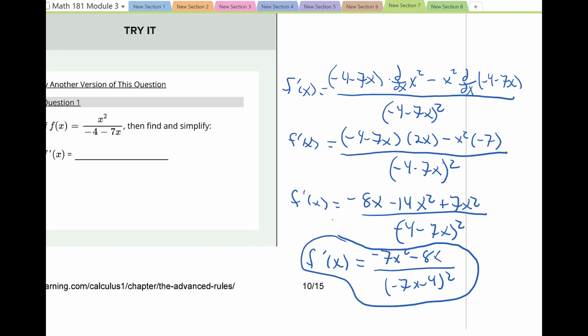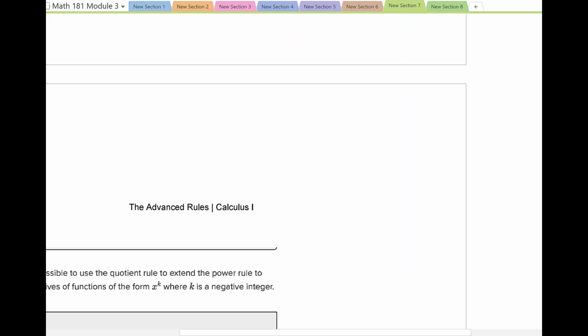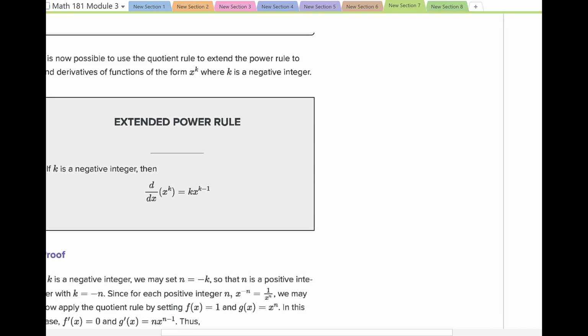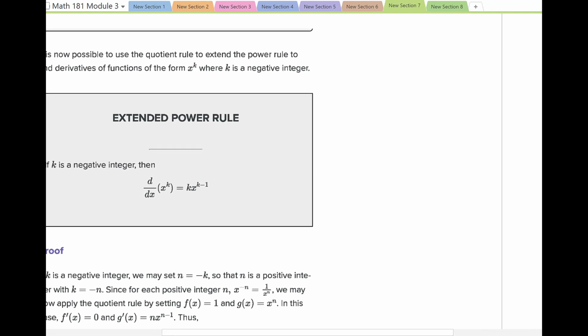Hope you enjoyed that because we've got several more. Okay. Actually, the next couple, we're going to shift gears a little bit and look at that power rule in a different light. So just recall the power rule says if k is any integer now, it could be a negative integer, it's still going to apply that the power comes out front and we subtract 1 from the power.